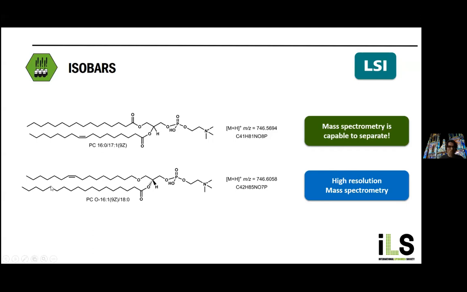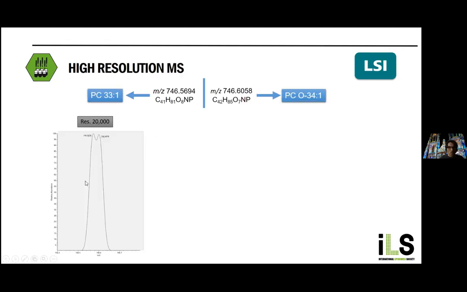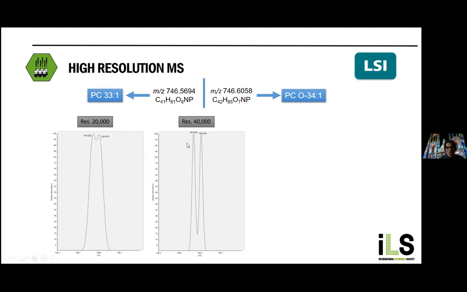Sufficient mass resolution is necessary to differentiate this small mass difference, and you see we need a mass resolution of, let's say, about 40,000 to separate these 2 isobaric peaks.